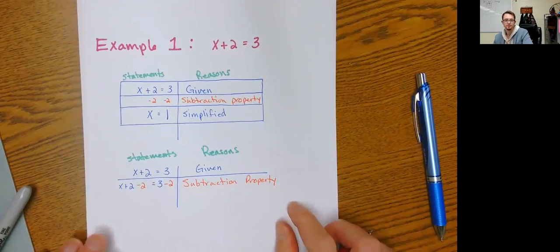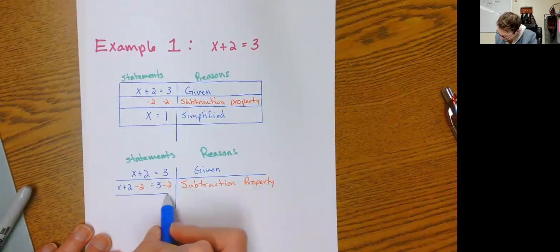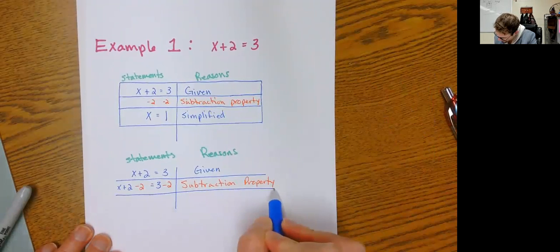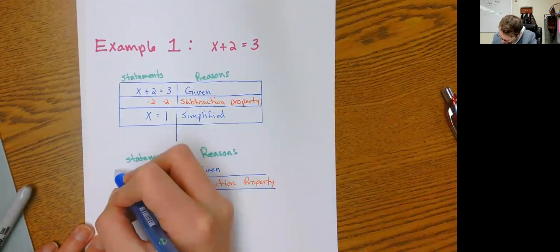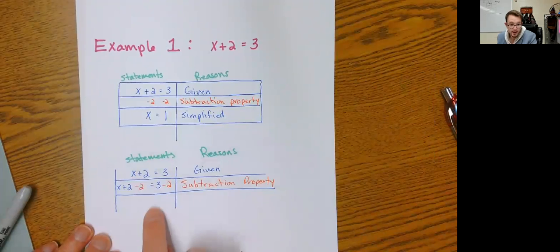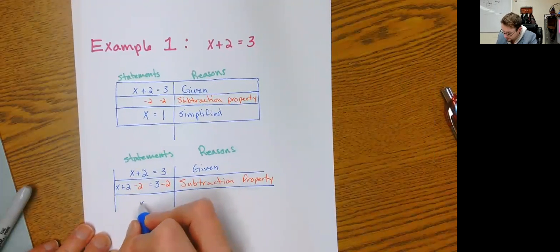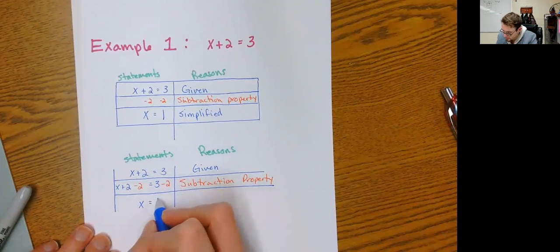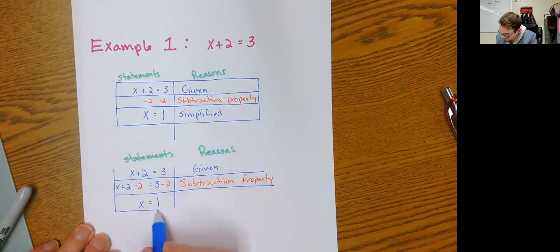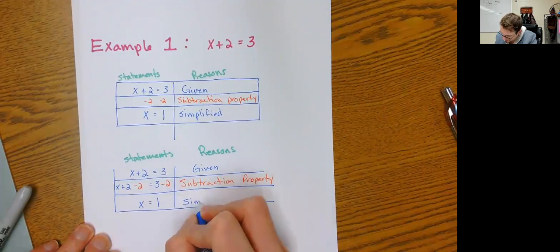But it looks different. And then the next step would still be the simplification. Oh, 2 minus 2 is 0, so I just get x. Oh, 3 minus 2 is 1, so I get 1. What did I do? I simplified it.